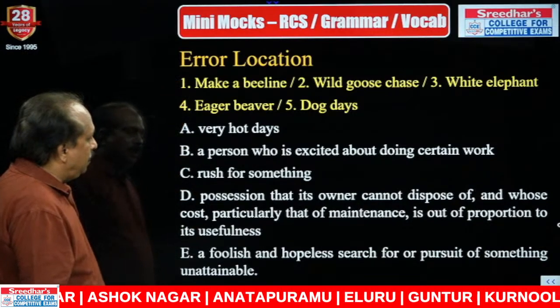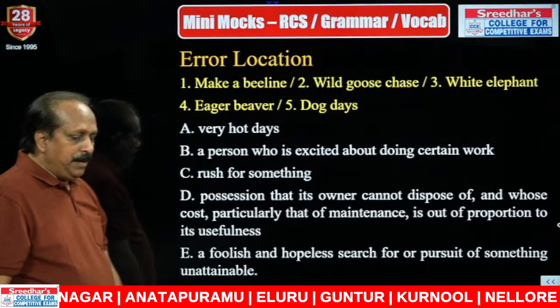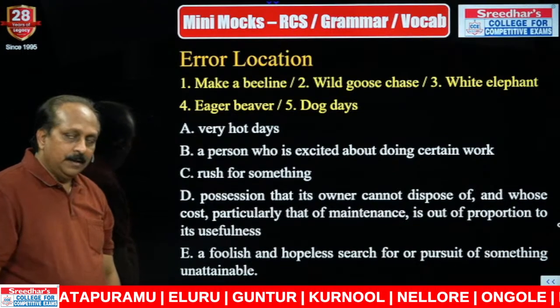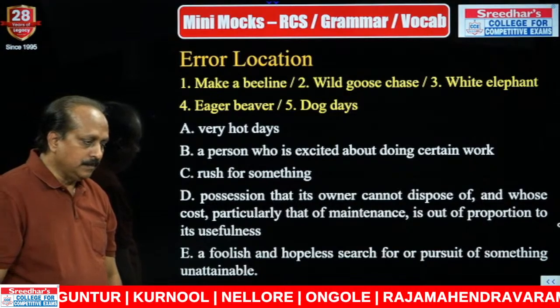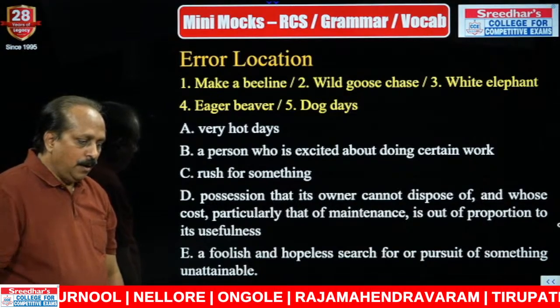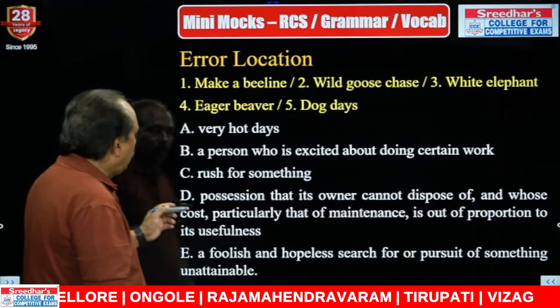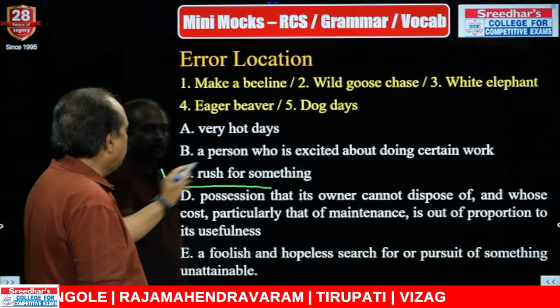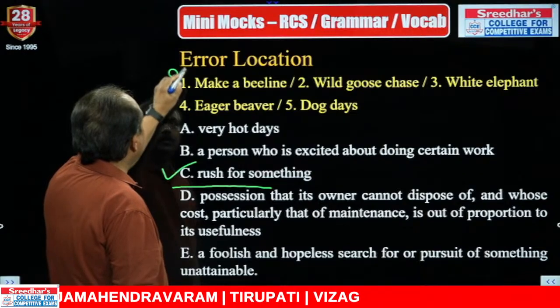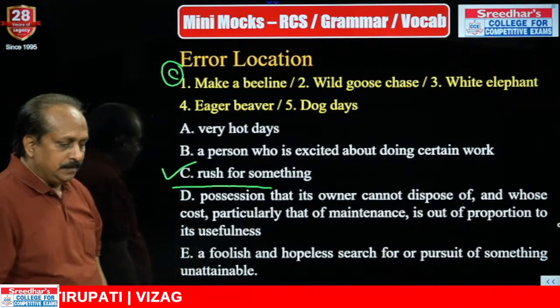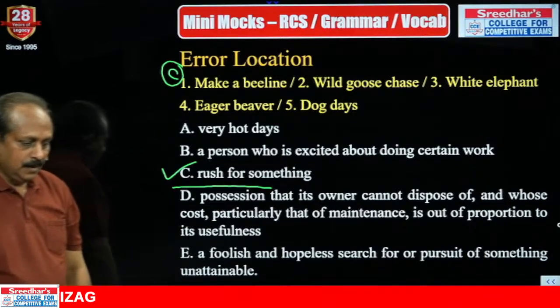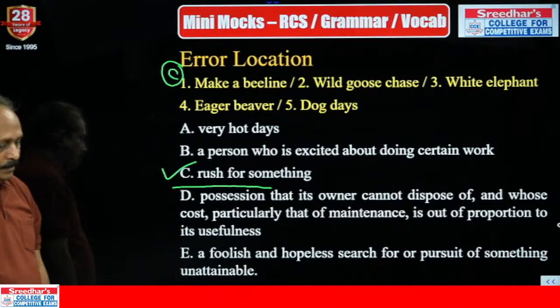Make a beeline. They have made a beeline for the tickets. They have made a beeline for drinking water. Means what? A rush for something. Here, first one, C. Wild goose chase. Wild goose chase means what?